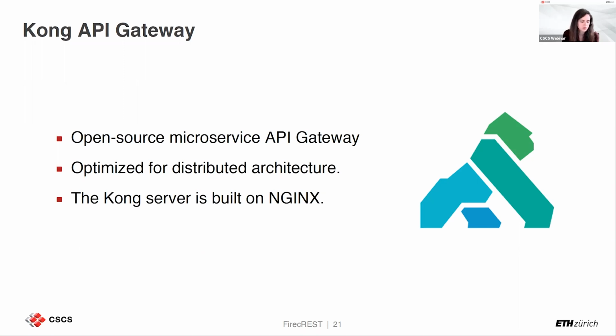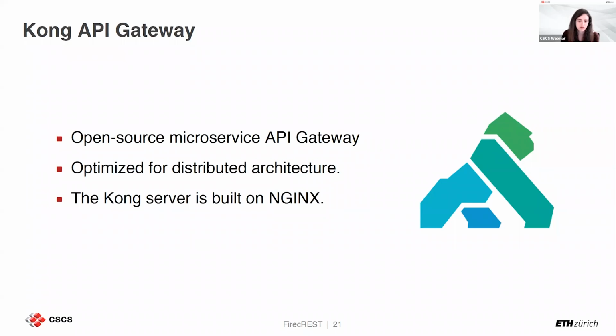It is open source and it is optimized for distributed architecture. It acts as a proxy for the microservices, exposing the public endpoints and routing the requests to the relevant services, and also aggregating the responses before sending the final response to the client.